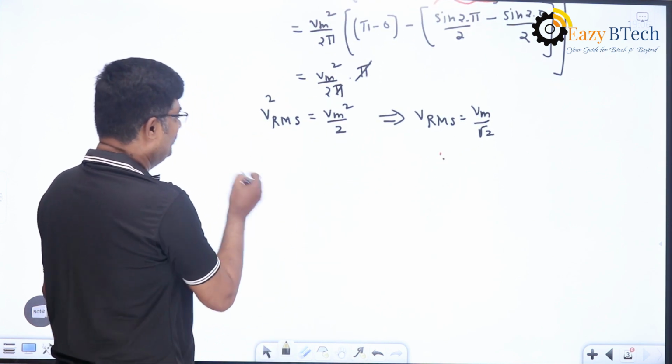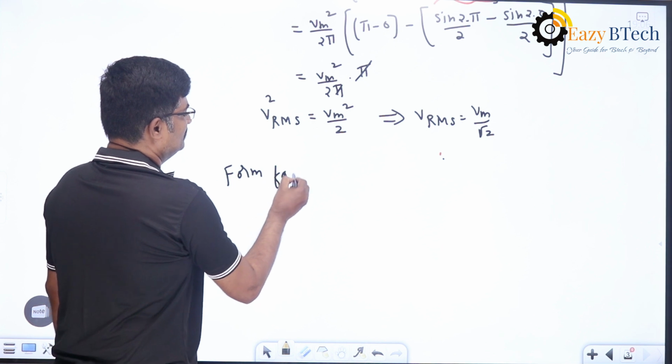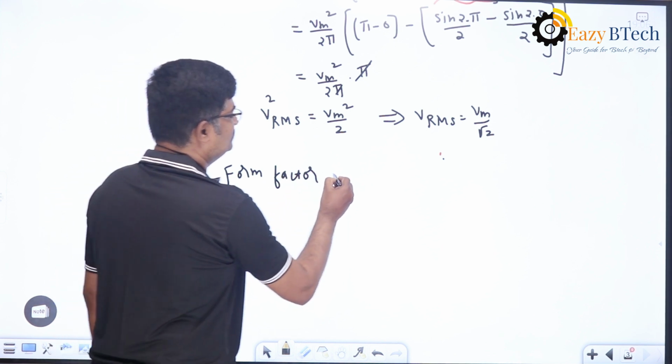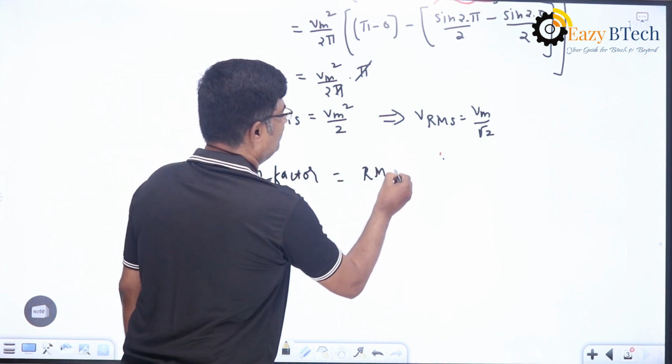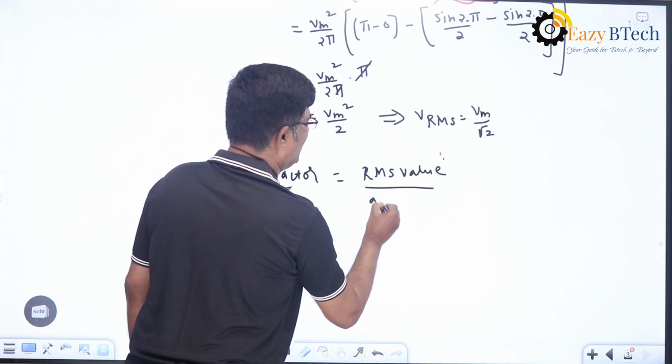So here what I will be doing, form factor is equal to RMS value by average value.